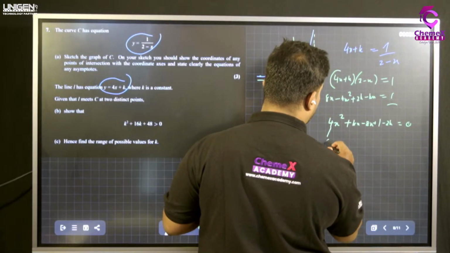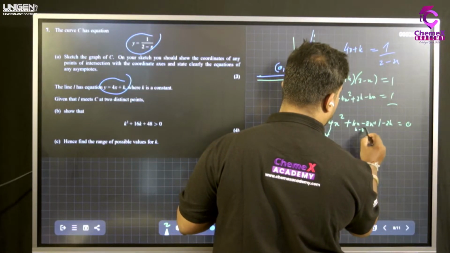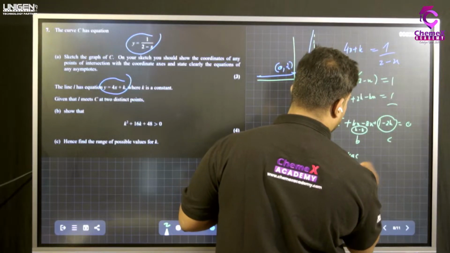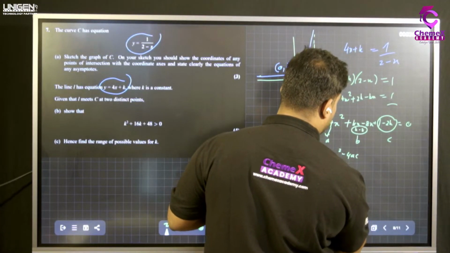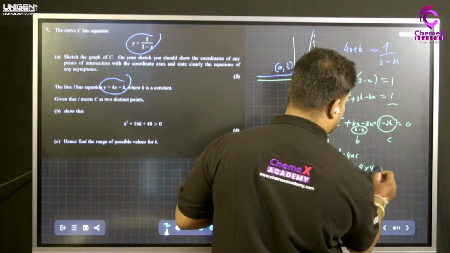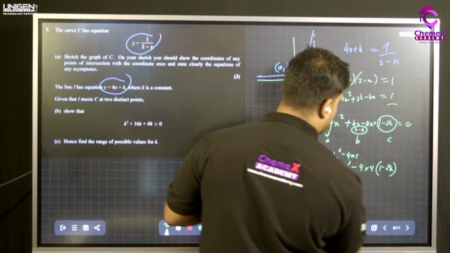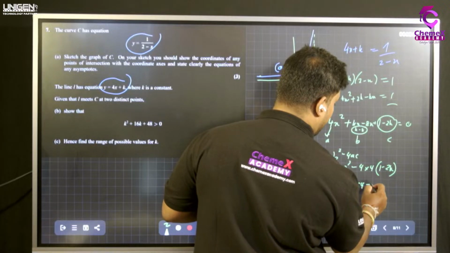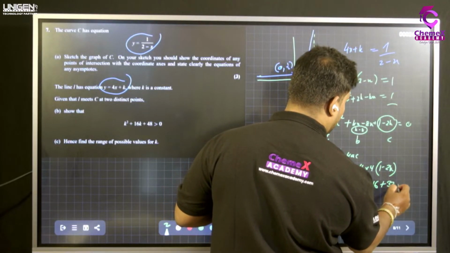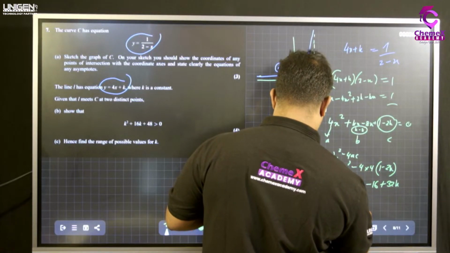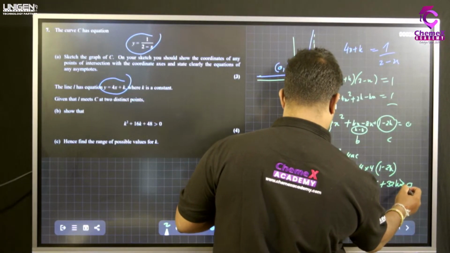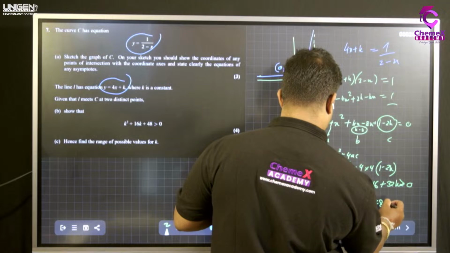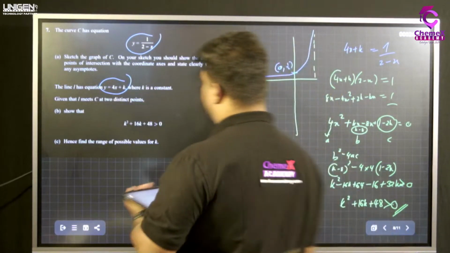So this is a, k minus 8 is b, this is c. So b squared minus 4ac. So k minus 8 squared minus 4 times c is going to be this. So k squared minus 16k plus 64 minus 16 plus 32k. So it is larger than 0 actually. So k squared plus 16k plus 48 larger than 0. So that's the final answer.